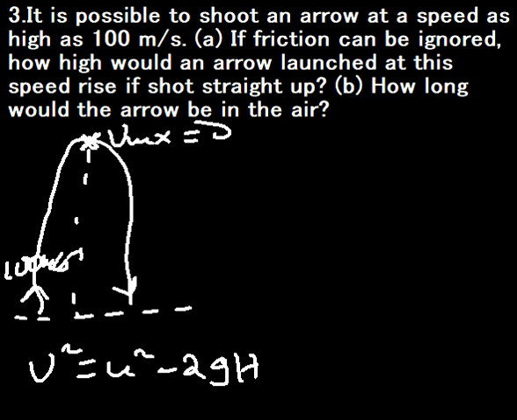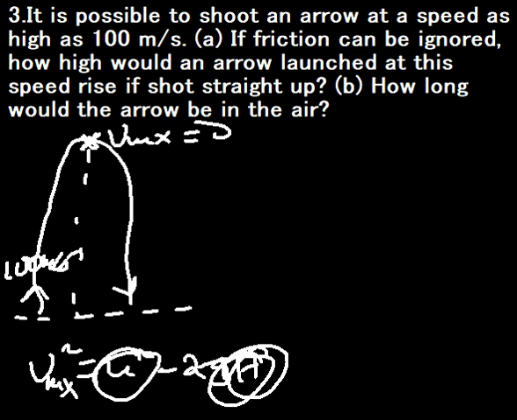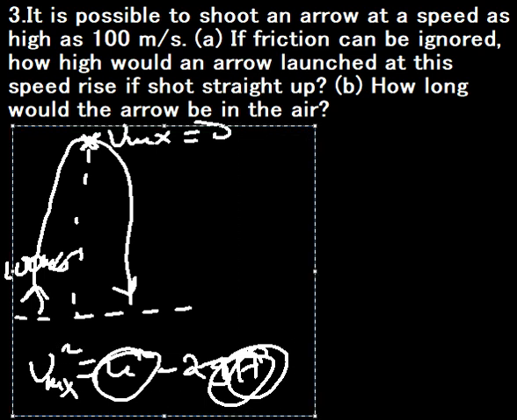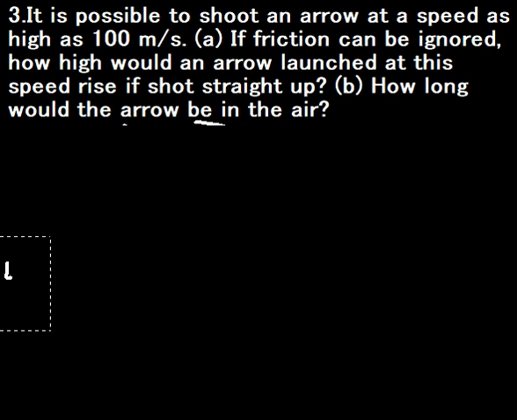Now this one is given as Vmax. Yes, now we'll be able to have the maximum height using this formula. Given that the initial velocity is 100, you'll be able to get the maximum height there. Try to do that one in your own time. Feel free to finish that one out.